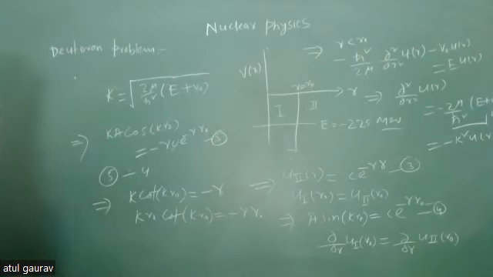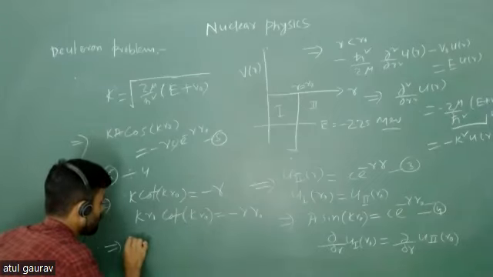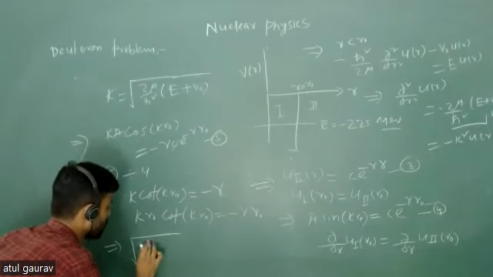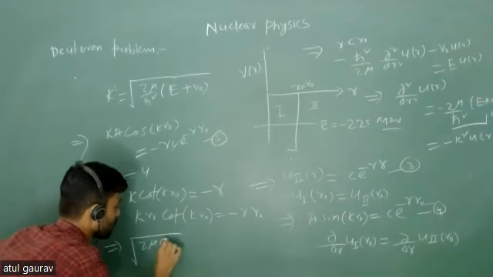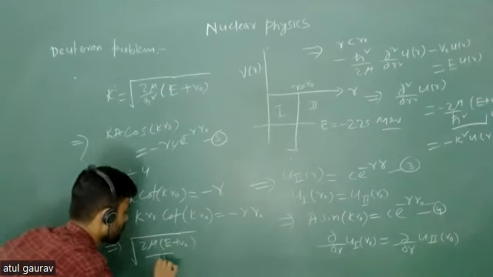Now we'll write that k. k was the square root of 2 mu (E plus V0) divided by h cross square.